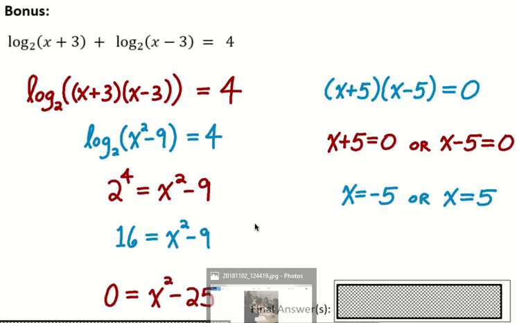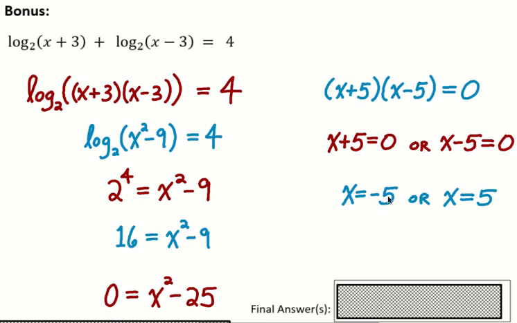And just a final reminder that with log equations, there is a potential issue with the domain and what x is actually allowed to equal. If I plugged in 5 for x, I would have the log of 8, which is fine, and over here the log of 2, which is fine.